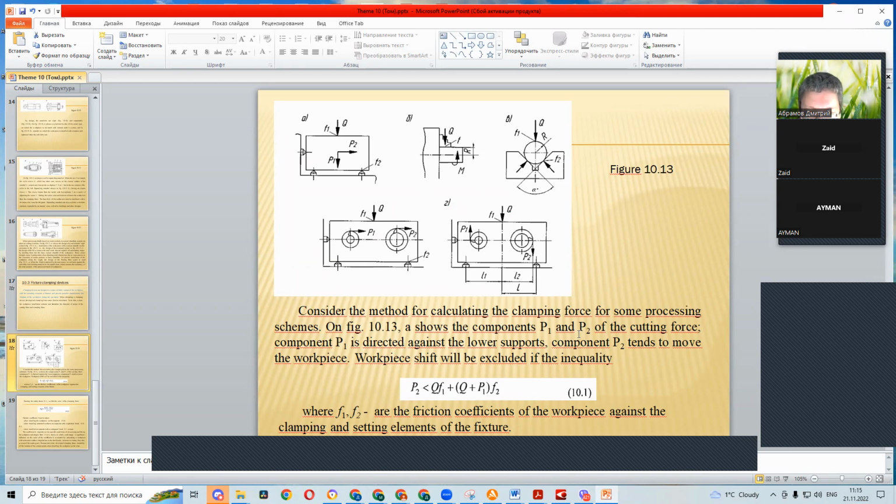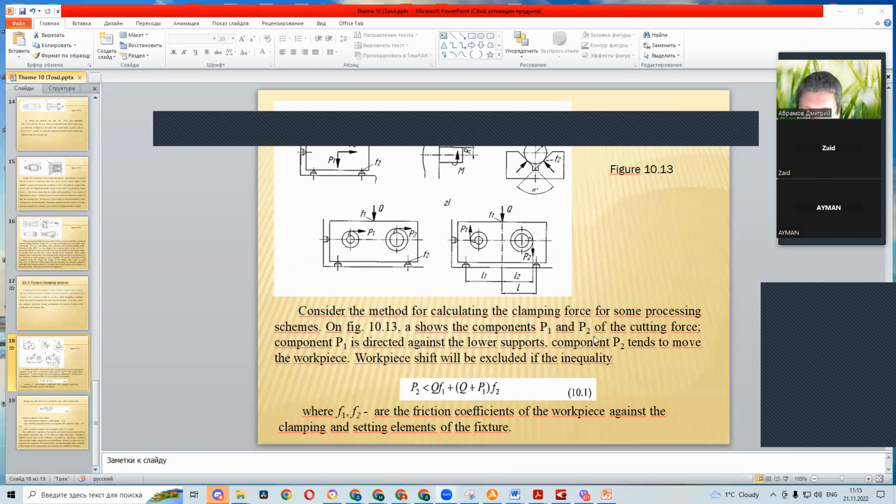Workpiece shift will be excluded if the inequality 10.1 holds. Please write down this formula to your notes.